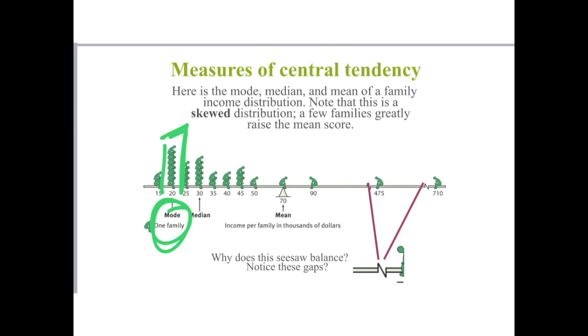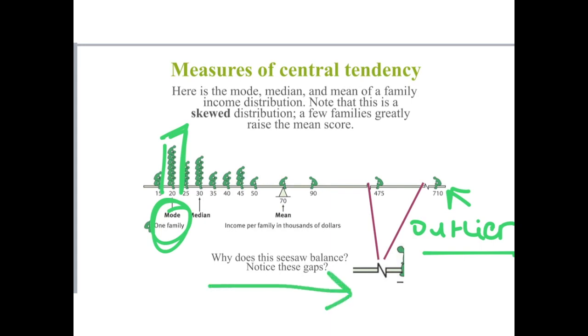And this happens when you have what we call, and I referenced this idea last lecture, outliers. These are going to be outliers, and they're going to pull the seesaw, pull that mean further towards them.